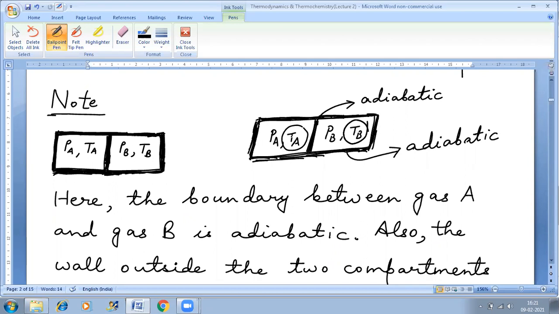And so I can say this entire system is in thermal equilibrium because there is no change in temperature with time. That means if temperature does not change with time, I can say that that particular system is in thermal equilibrium.